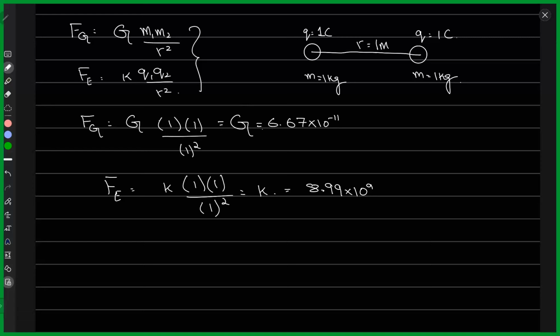Just by comparing these two, it is crystal clear that the electrical force involves 10 raised to the power 9, which is a very big number, while G, which is 6.67 times 10 raised to the power minus 11, is a very small number: 0.0 followed by 11 zeros in front, and then you see 667.